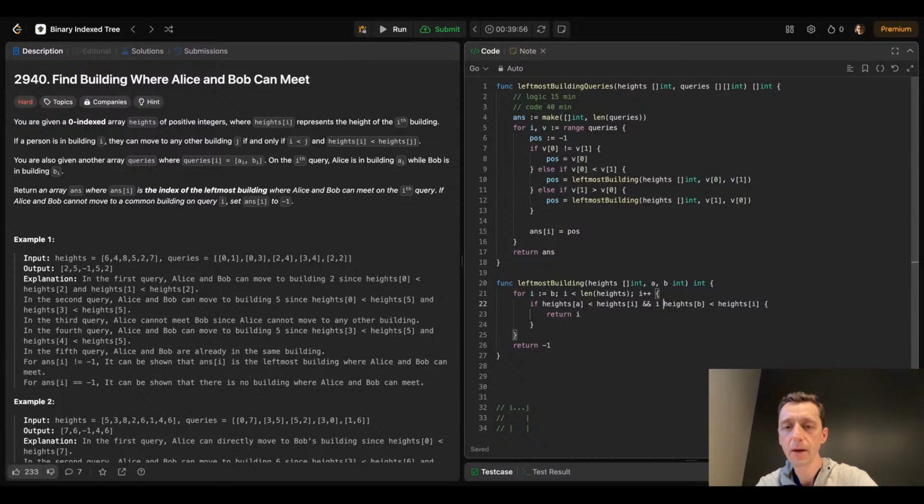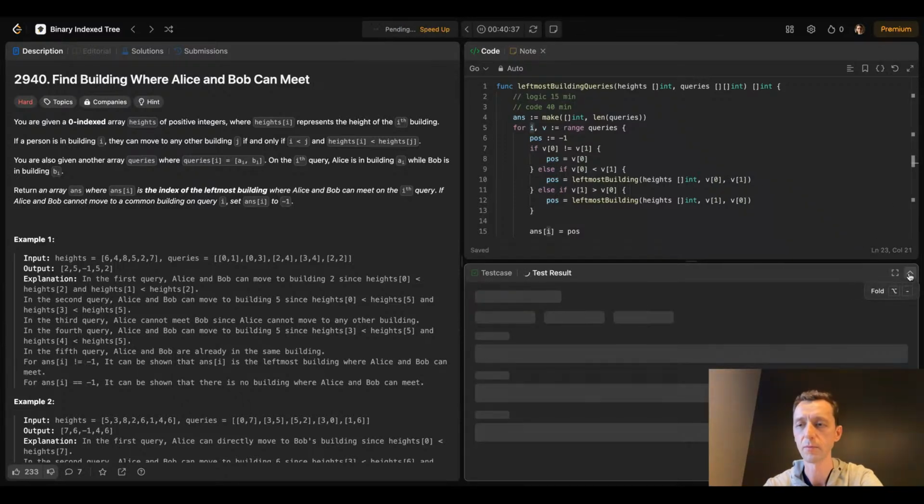And I equals B, that's enough, or if B could also move there, one of these, then return I. Yeah, so I think that's a brute force solution for this case.